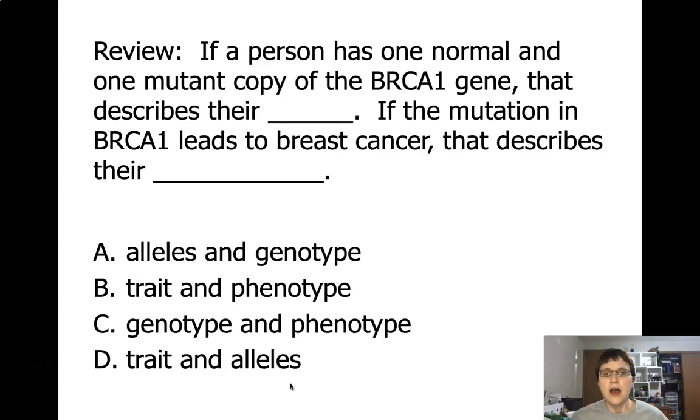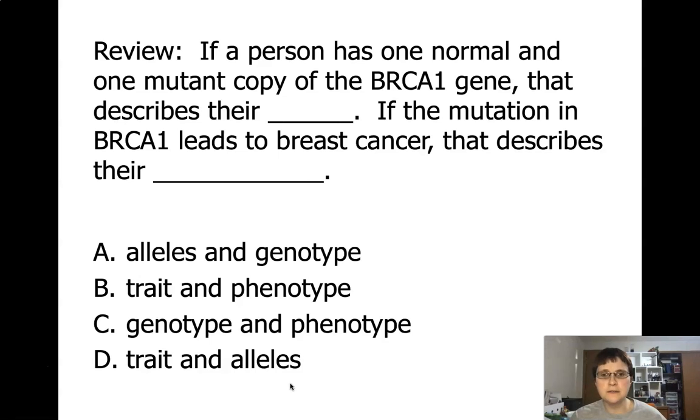All right. So if a person has one normal and one mutant copy of this gene, the BRCA gene, which is related to breast cancer, that describes what? Is that going to describe alleles? Is that going to describe traits? Is that describing their genotype or their phenotype?